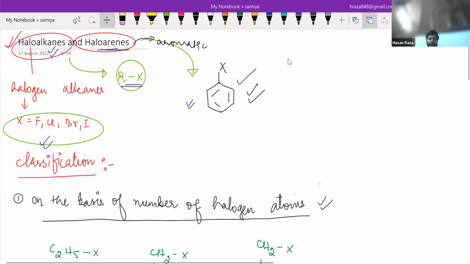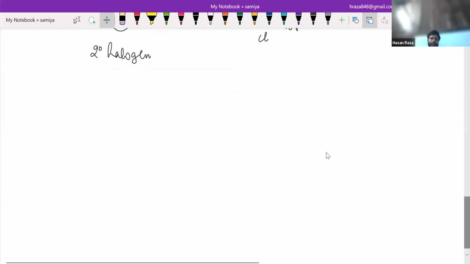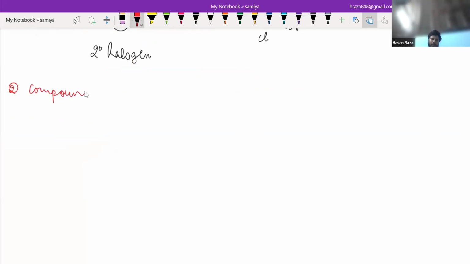Very good. Now we'll come to the next classification, that is the second classification: compounds containing sp3 C-X bond.